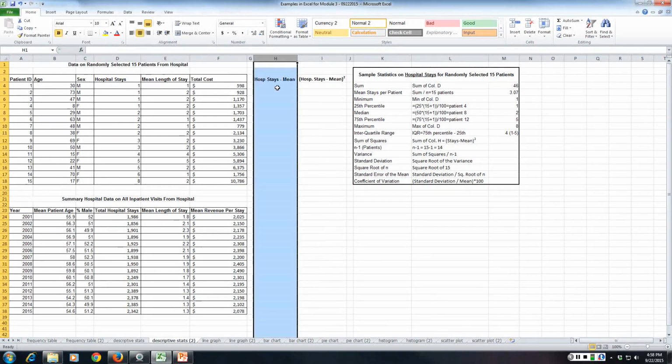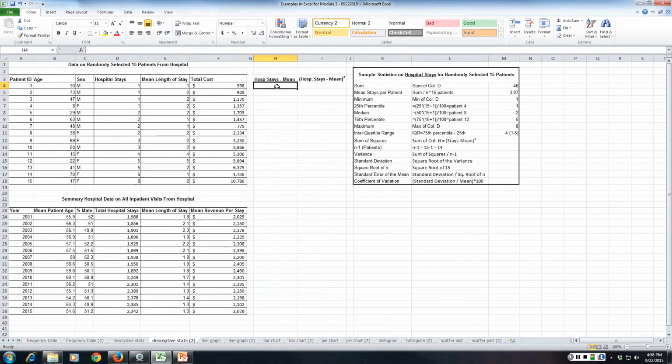So let's do that here in column H. We insert the equal sign, then the individual observation, hospital stay for patient 1, column D4, subtracted by the mean over here in cell M5. Remember, we're going to put this little number sign here so that when we copy the formula down, it continues to look in that specific location.